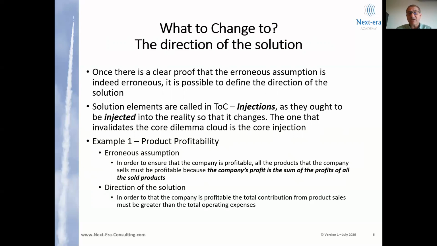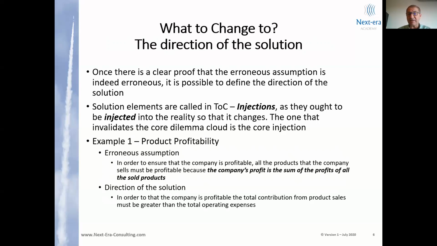And this is because we inject those solution elements into the existing reality, and through this injection, we are changing the reality. The one injection that we need to invalidate the core dilemma would be also the core injection of the overall solution.